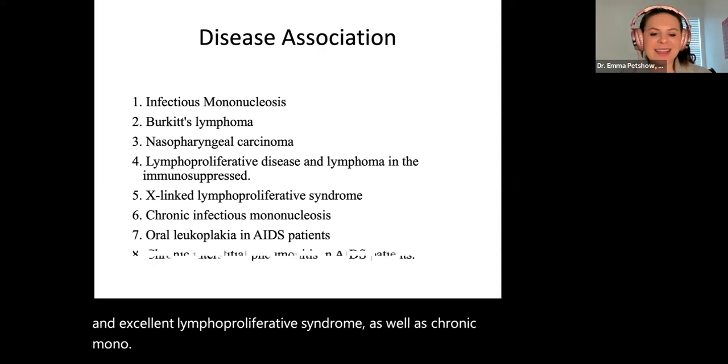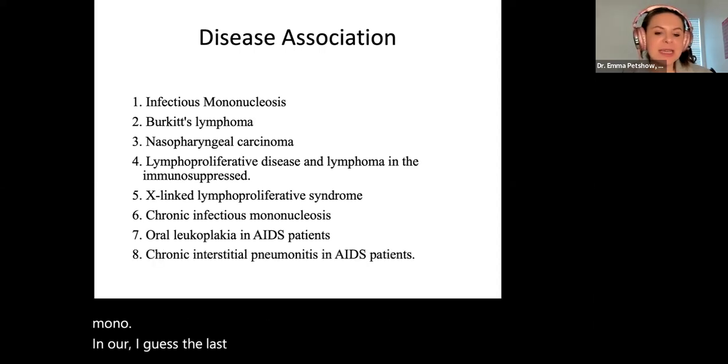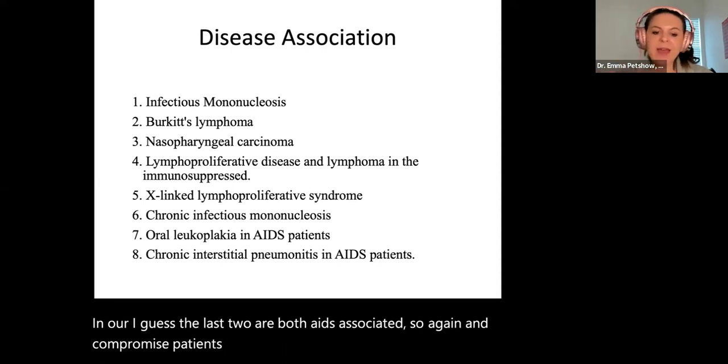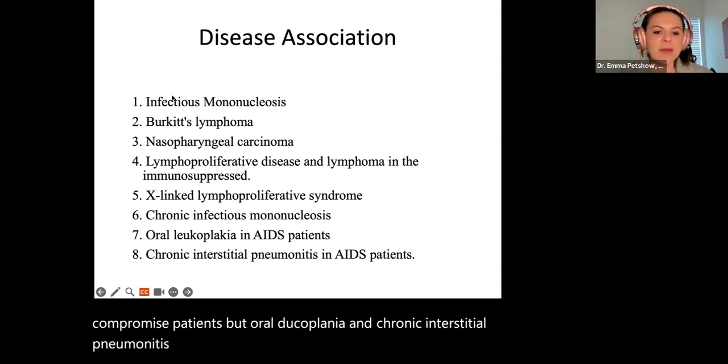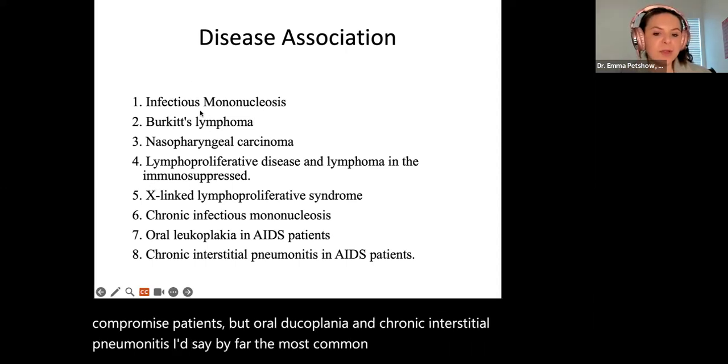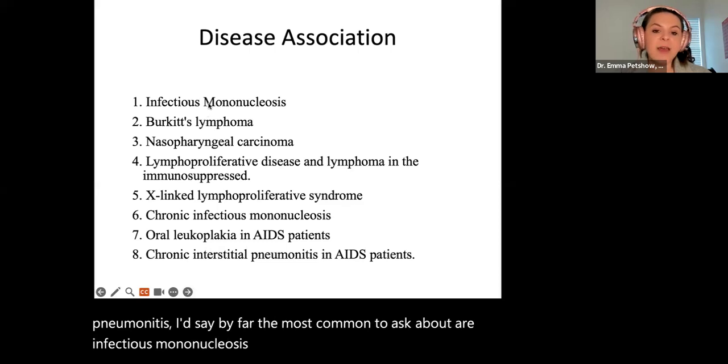And I guess the last two are both AIDS associated. So again, compromised patients, but oral leukoplakia and chronic interstitial pneumonitis. I'd say by far the most common two asked about are infectious mononucleosis and Burkitt's lymphoma, but all of these are associated with Epstein-Barr infection.